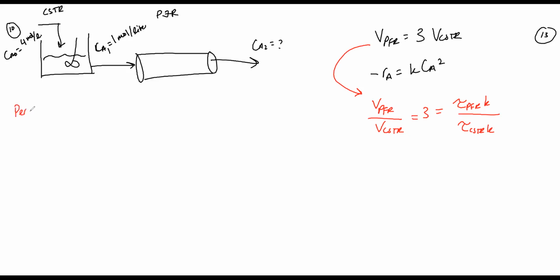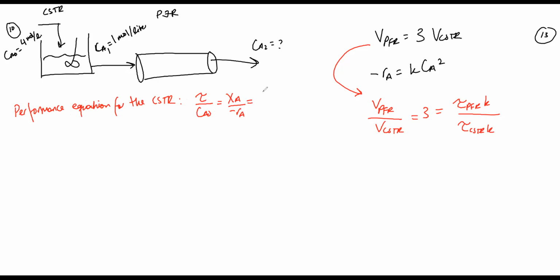So let's start with the performance equation for the CSTR. If you recall, the CSTR performance equation is tau over CA naught equal to XA over minus RA.